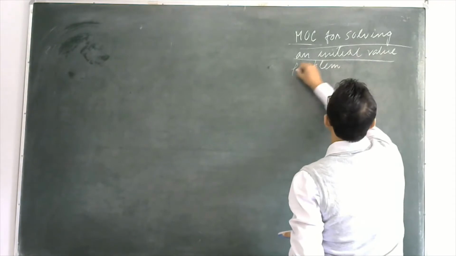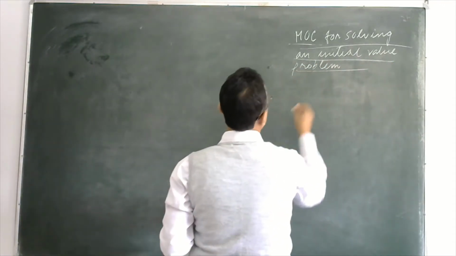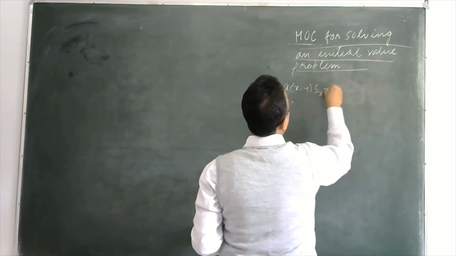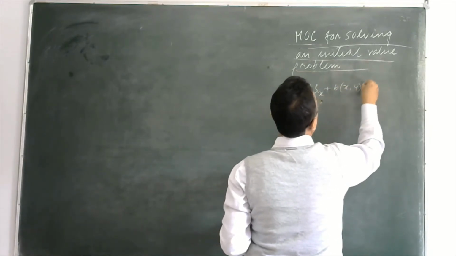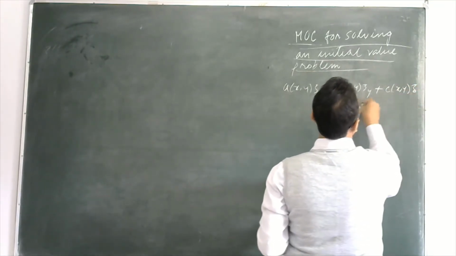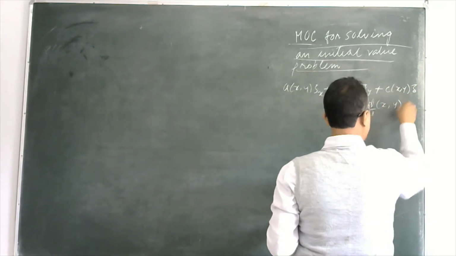Basically, what we are trying to do is solve this equation, say a(x,y) z_x plus b(x,y) z_y plus c(x,y) z equal to d(x,y).